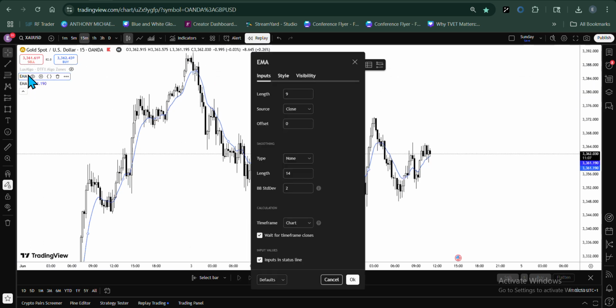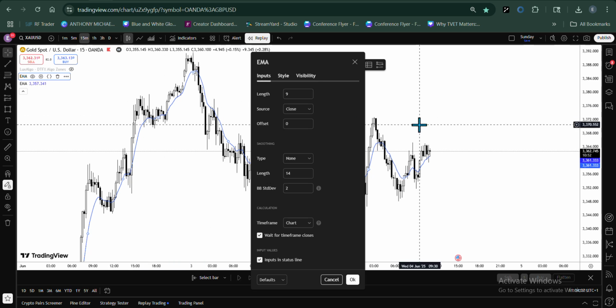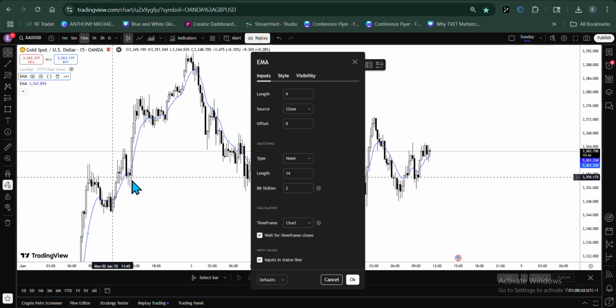Now we go to the settings, and we are using 7 and 14. Length 7, length 14 here.